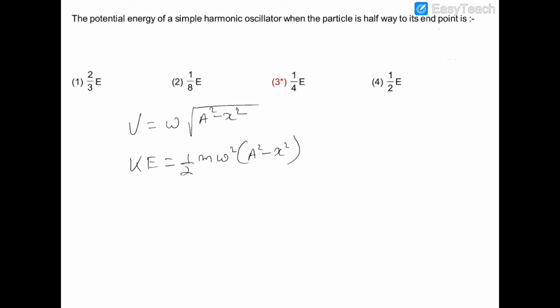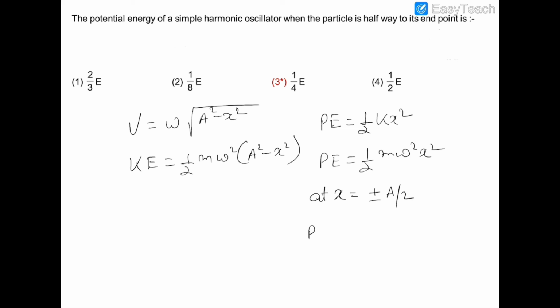So this is the kinetic energy, and the potential energy is equal to half kx square, where k will be equal to m omega square, and this is x square. Now at x equal to plus minus a by 2, the potential energy is half m omega square a square by 4.